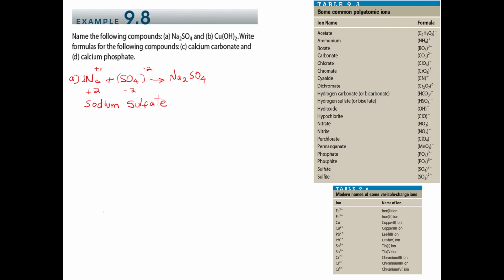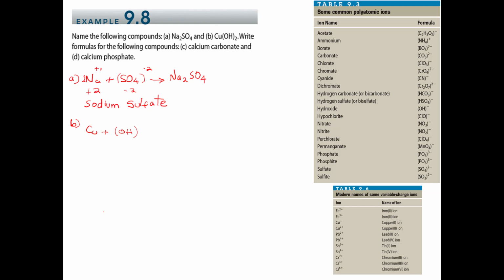Now let's try to solve part B. In this case, we want to write the equation. Then we had copper plus hydroxide, which is a polyatomic ion. The next thing is we want to know the charge for each of these ions.